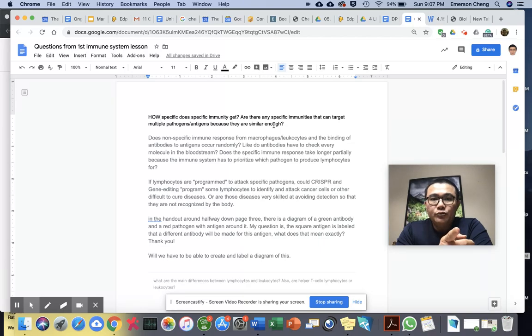For example, influenza virus. A lot of times you have H1N1, H5N1, and so on. These names refer to the two antigens on the influenza virus. So if you think about it, H1N1 and H5N1 influenza viruses share the same antigen, which is the N1 antigen.